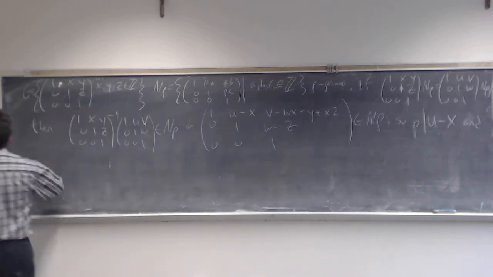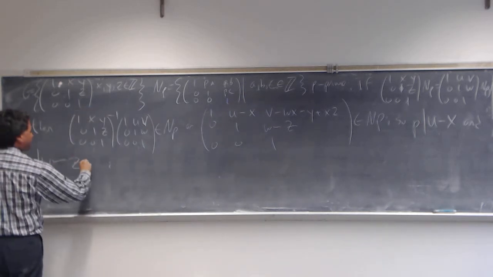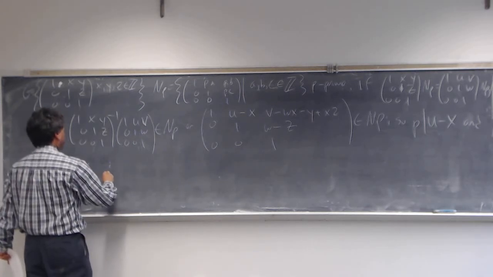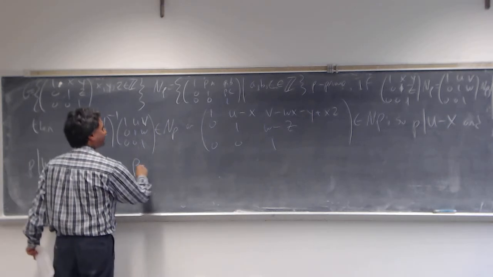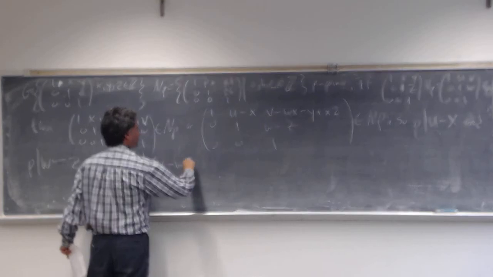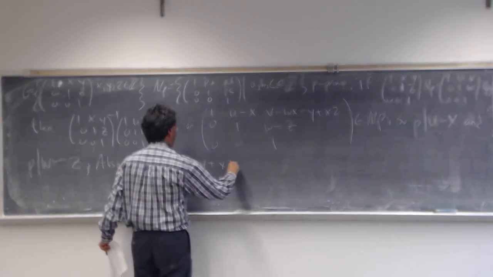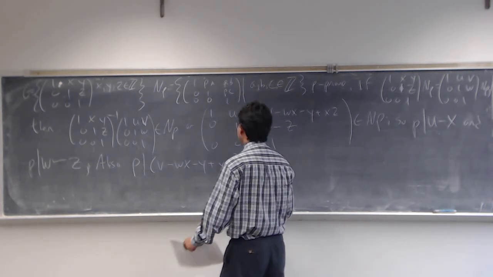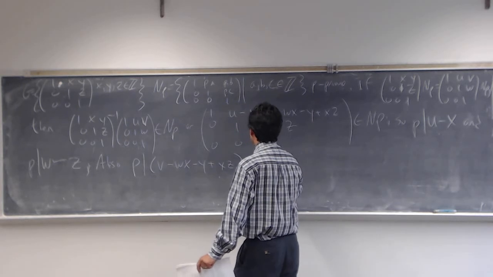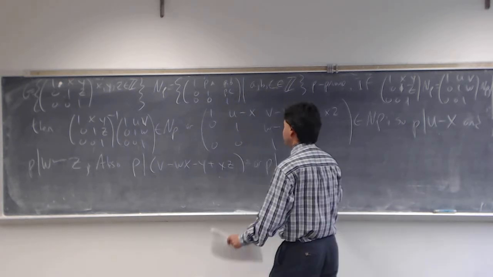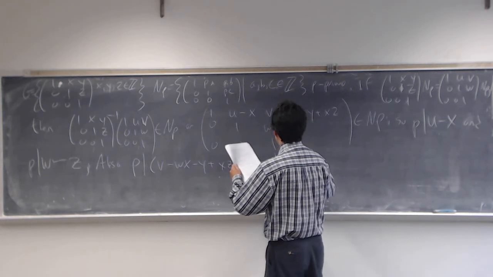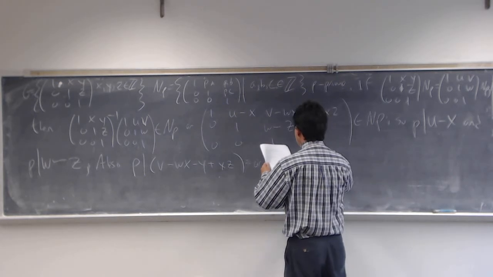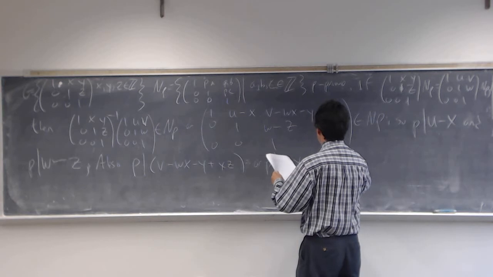And P would also have to divide W minus Z. And P would have to divide this whole big product, which, if I rearrange, is really V minus Y, and then minus X times W minus Z.